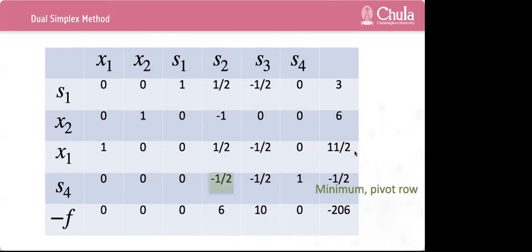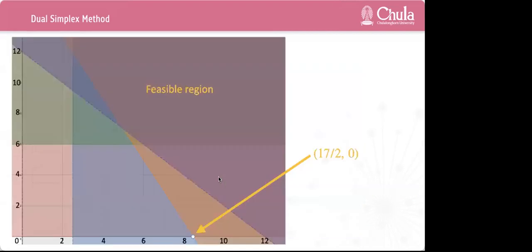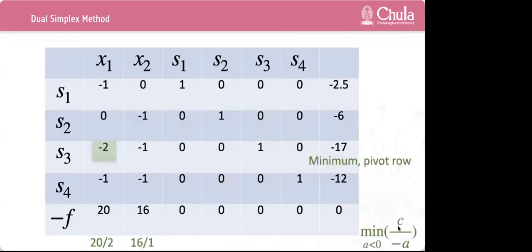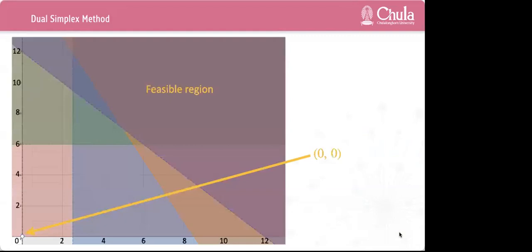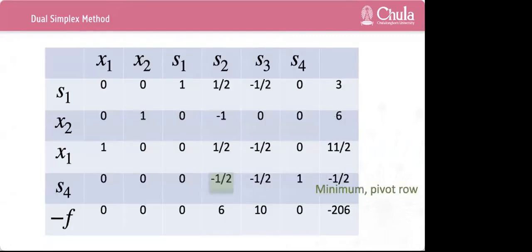Again, for the next iteration, we look at BR first. This B is negative, so we select this row. And which column? We select this column, because the C over minus A is the minimum. We select only negative this time.